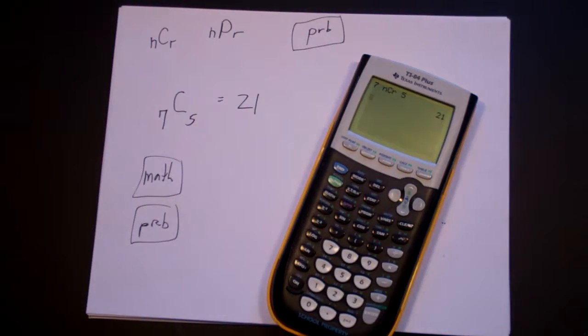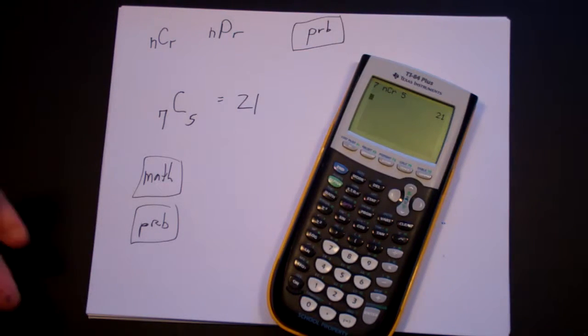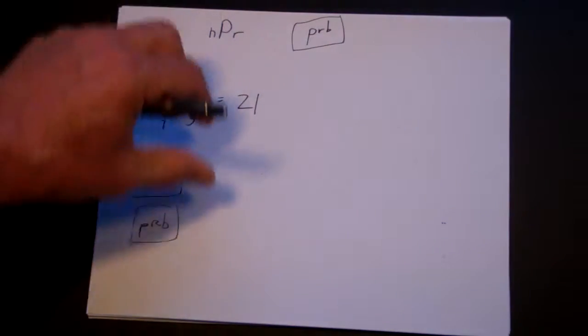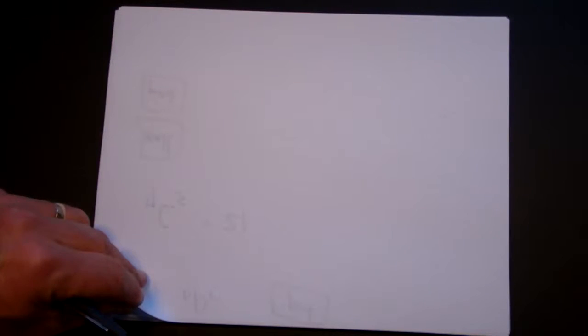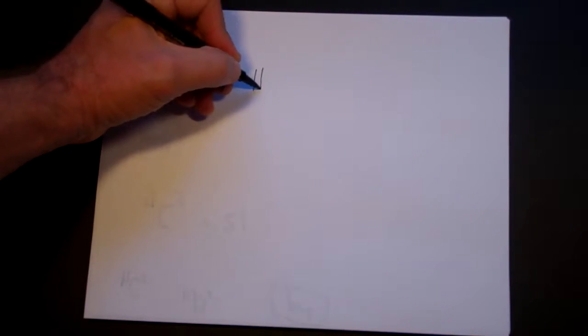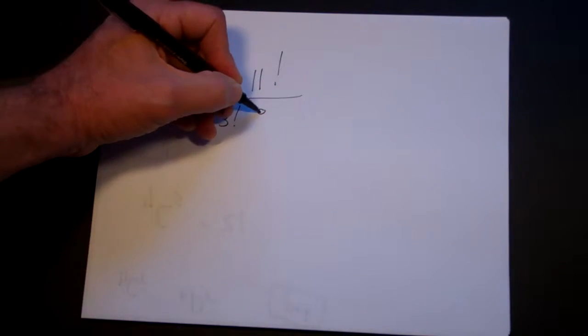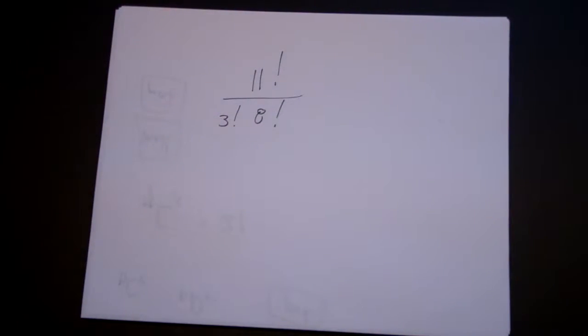It doesn't necessarily matter whether you do this with a calculator or without one. You need to be able to do both. So what do we need to worry about here? One thing is to make sure you understand the algebra. If you have 11 factorial over 3 factorial times 8 factorial, that looks like a hard problem, but it's really not.